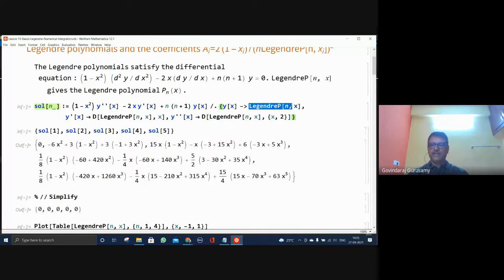This Legendre P of n of x is already available in Mathematica. It is well established and well defined as a Legendre polynomial in Mathematica itself. For any given n, you will get the Legendre polynomial. If you want to see that, it can be generated here.